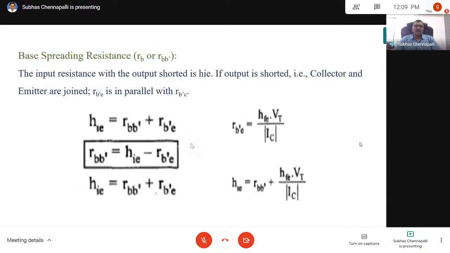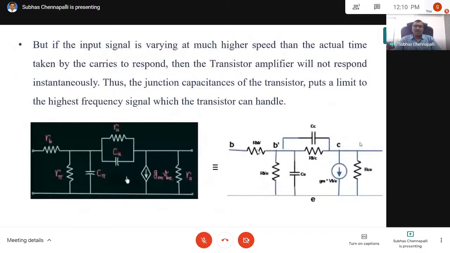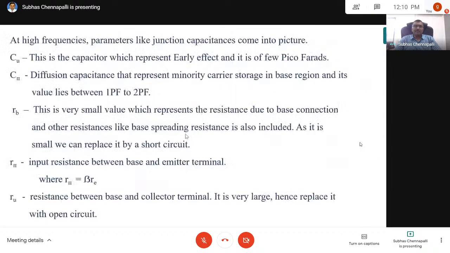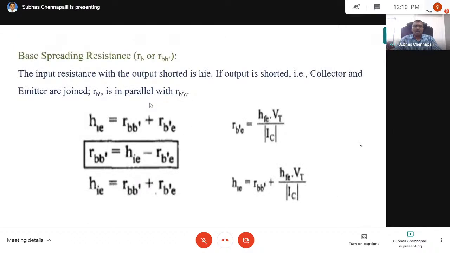Similarly, HIE, this base spreading resistance RBB dash. When this nomenclature is used, that becomes RBB dash and RB dash E. This is the input impedance HIE.